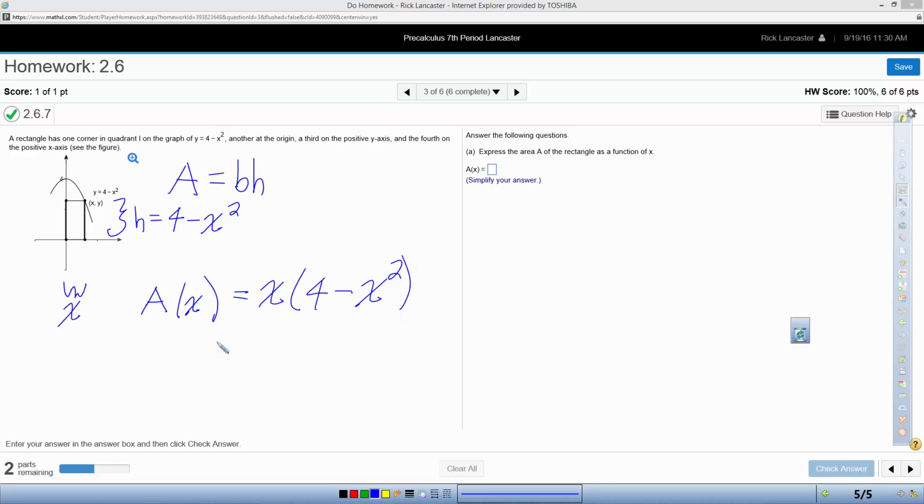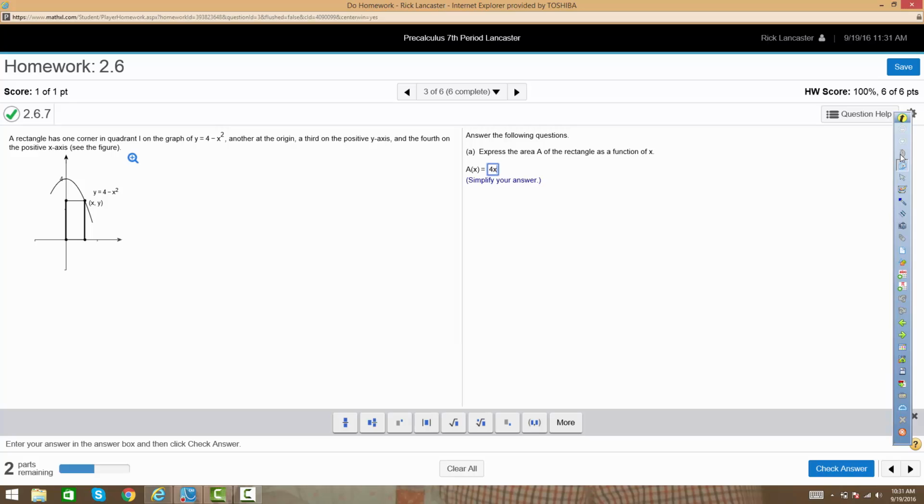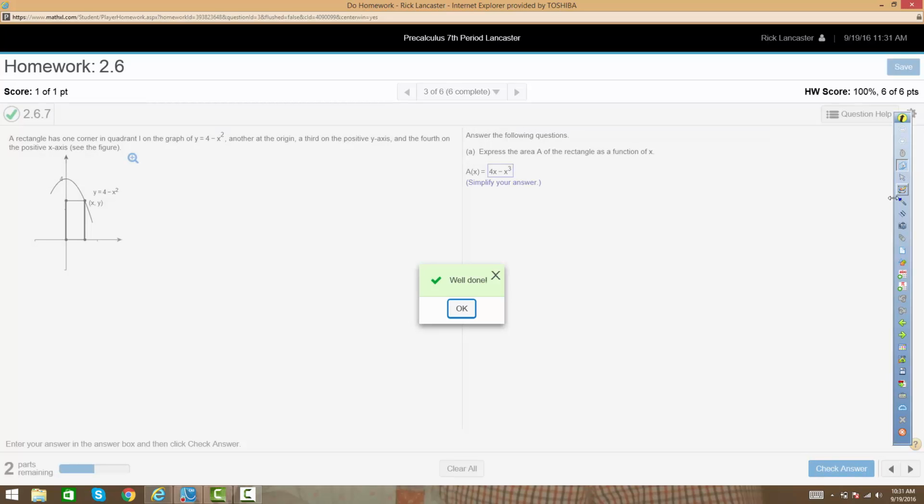So the book probably wants us to simplify that. So let's distribute the x. So that's going to be 4x minus x cubed. So I'll go put that into the book. 4x minus x exponent 3. Check answer, and it liked that.